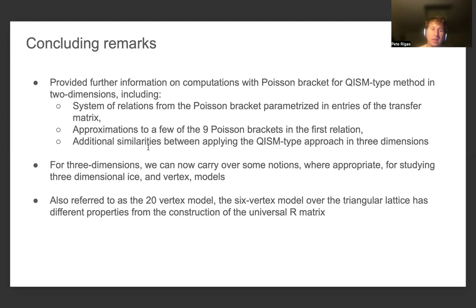And needless to say, there are obviously additional similarities between applying the quantum inverse scattering type method approach in 3 dimensions as in 2 dimensions.